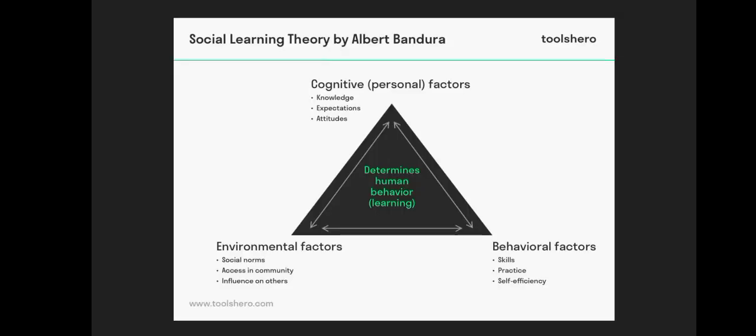According to Bandura, this is now the triad that determines human behavior. The behavior of an individual is determined by three important factors. The first one is the cognitive factor, which we can include as a personal factor, or the learner's knowledge, expectations, and attitude.